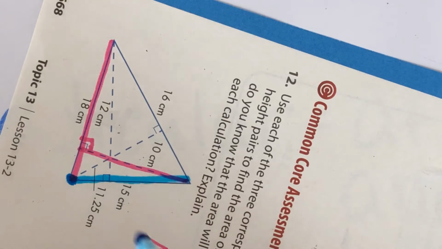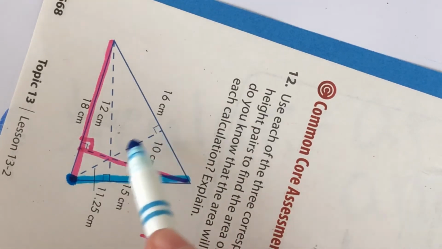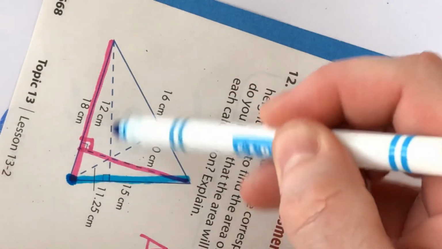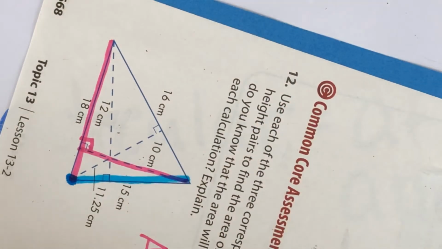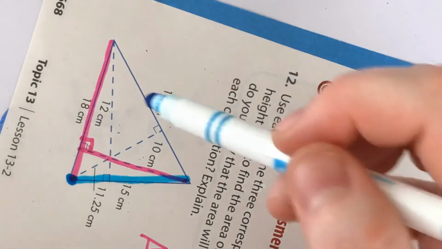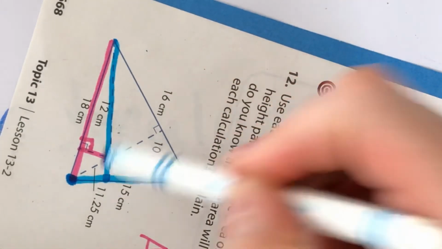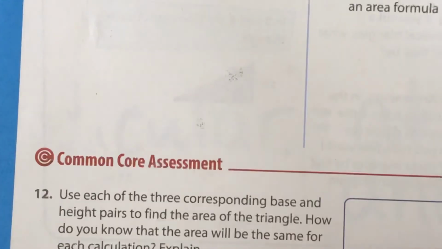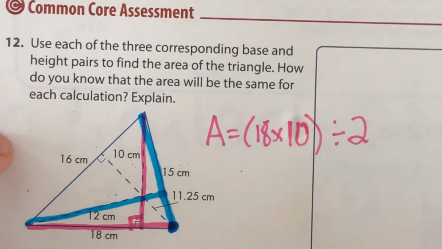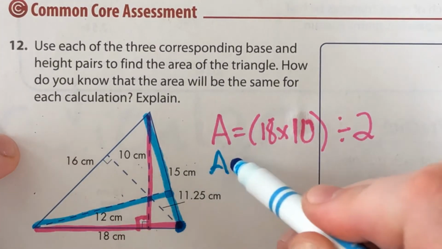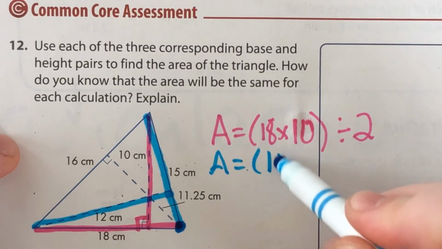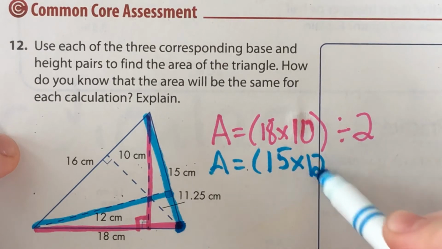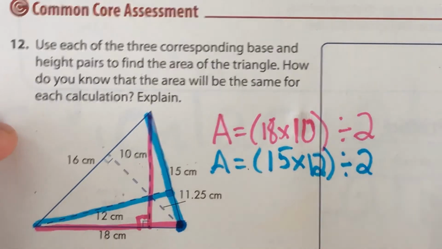What line makes a right angle? Is it the 10 or is it the 12 that is the height that goes with 15? It's the 12. So another way we can find the area of this triangle is to do area equals 15 times 12 divided by 2.